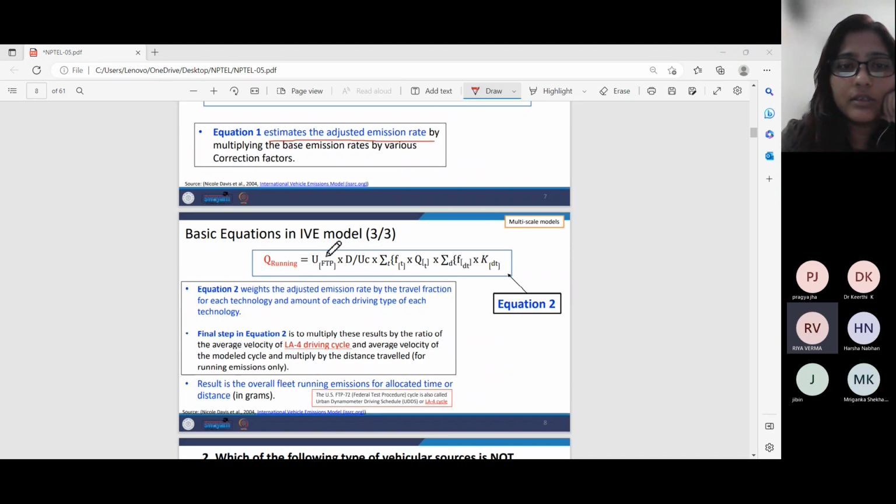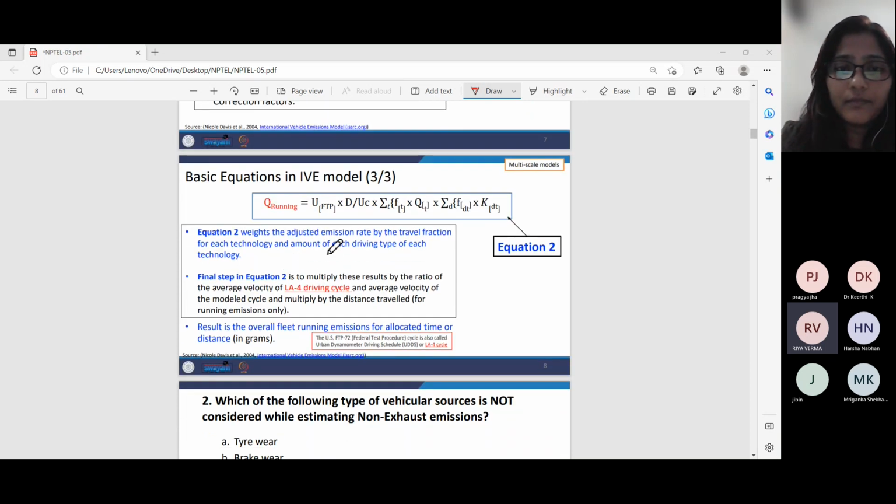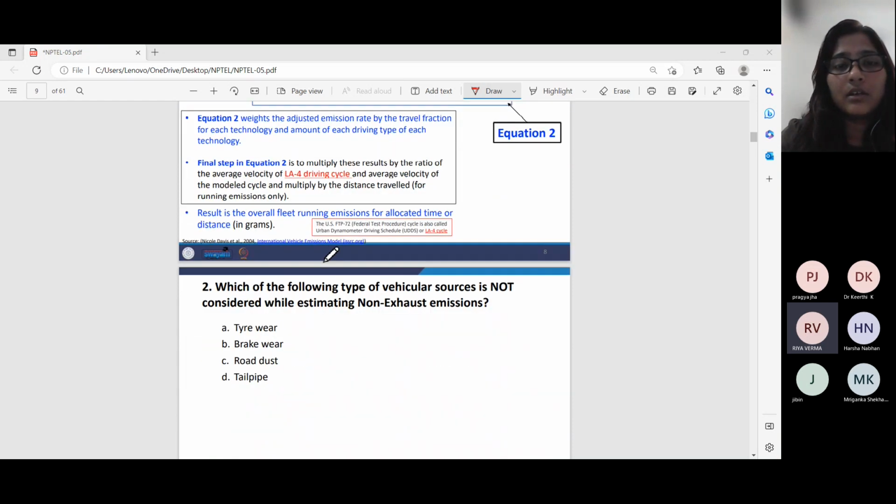Then this is the next equation used in the IVA model, and this also weights the adjusted emission rate by the travel fraction of each technology and the amount of each driving type of each technology. The result is the overall fleet running emissions for the allocated time or distance in grams. Basically, it will give the emissions in weight only, in grams.